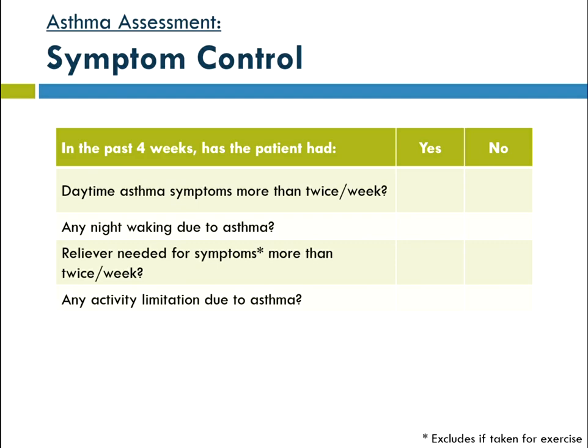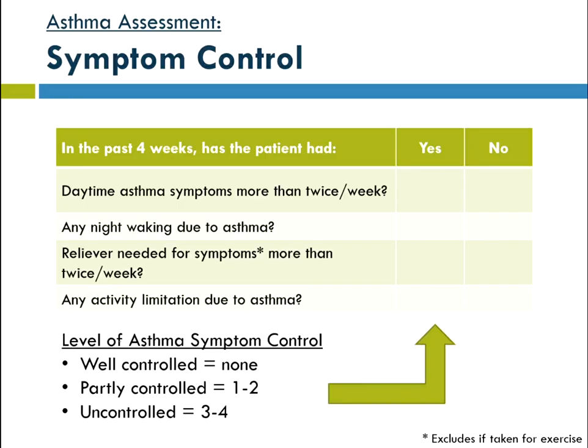Okay. And then number 4, any activity limitations due to asthma. Had to stop practice, couldn't play with the kids, had to take an Uber or walk home, any activity limitation. Okay? So, depending on how many of these questions they answer yes to, if they are well controlled, they should have all no's.